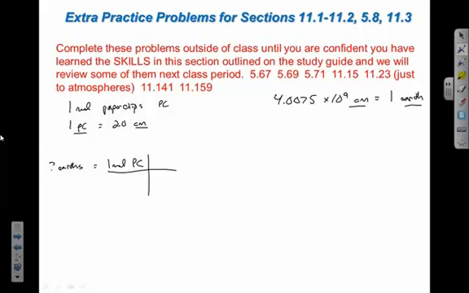We need one more relationship. We need Avogadro's number. We need the relationship between the number of paper clips and a mole of paper clips. Not only is a mole a specific number, that number can be used in a relationship.